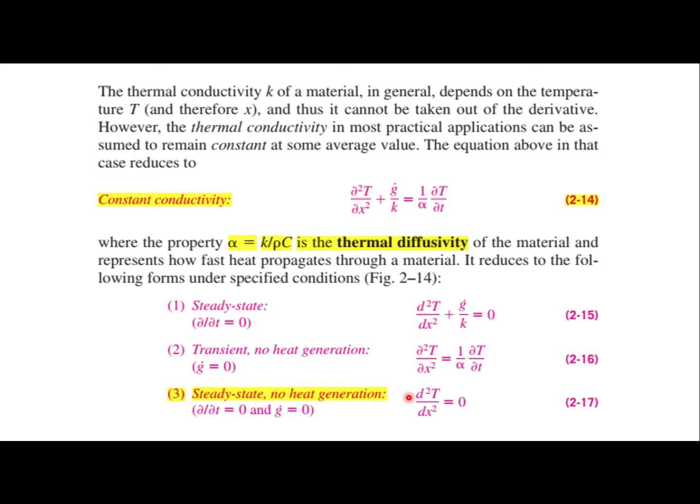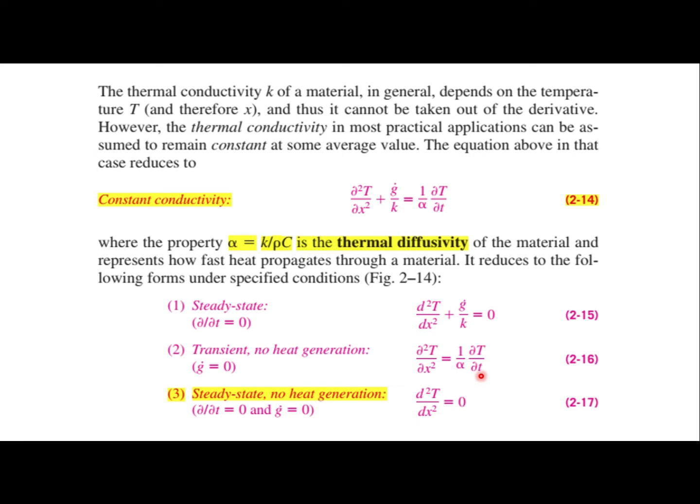What does it mean? When a particular dependent variable depends on two variables, we always use the delta sign. Here T is dependent on two variables, the direction x and also the time.